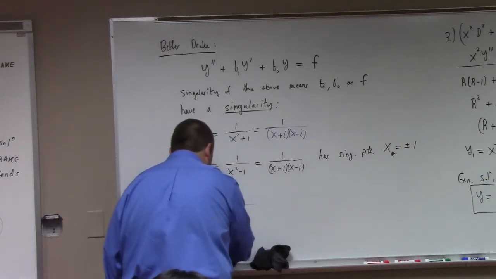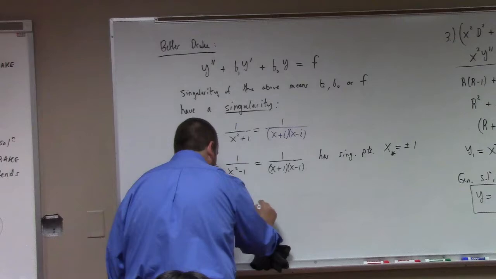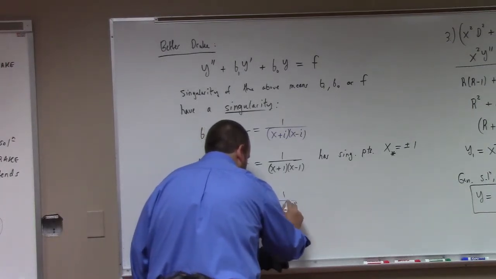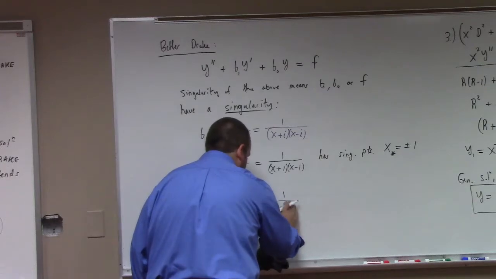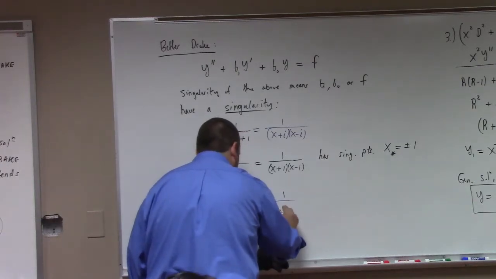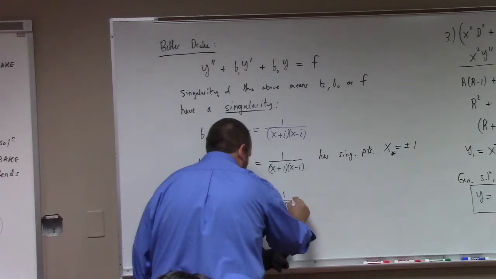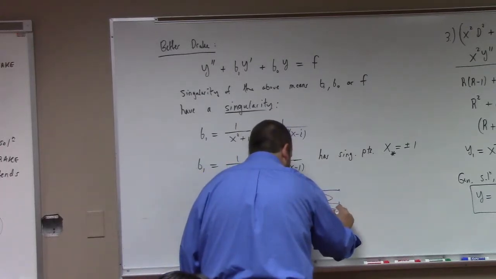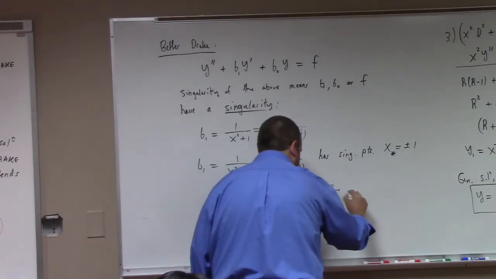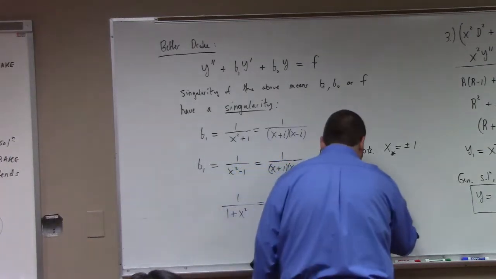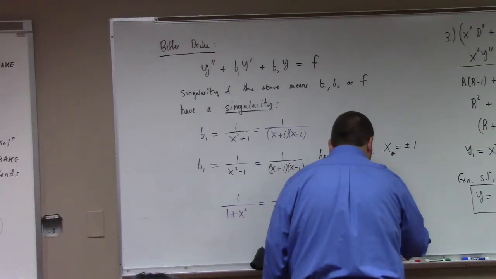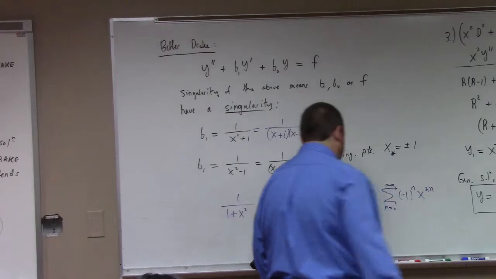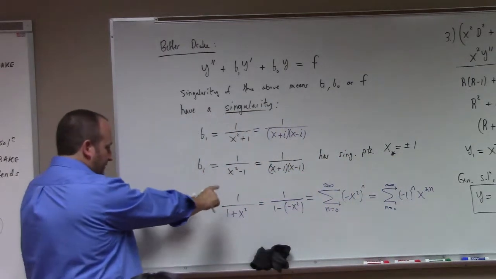Remember this? 1 over 1 plus x squared is 1 over 1 minus (minus x squared). By the geometric series result, this is the sum, n equals 0 to infinity, of (minus x squared) to the n, which you could write as the sum, n equals 0 to infinity, of minus 1 to the n, x to the 2n. So that is the power series representation of this.